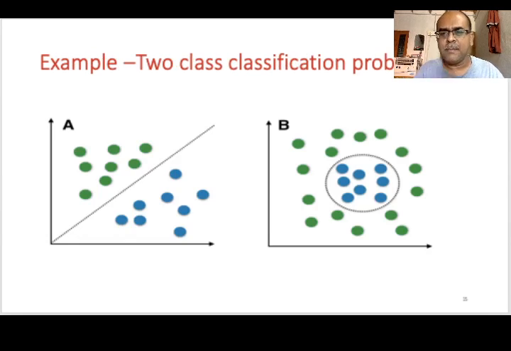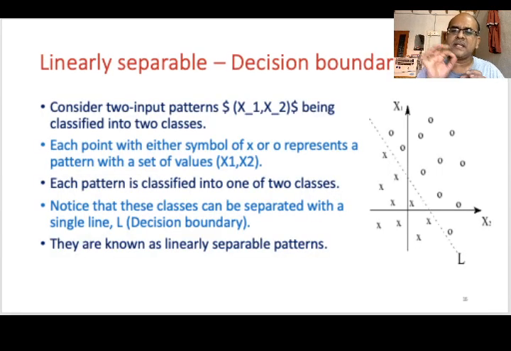So this is an example of a two-class classification problem, A and B. So what does linearly separable mean? Look at this diagram. Consider two input patterns, x1 and x2, two classes. Let us say one is x, another one is a small hollow circle.